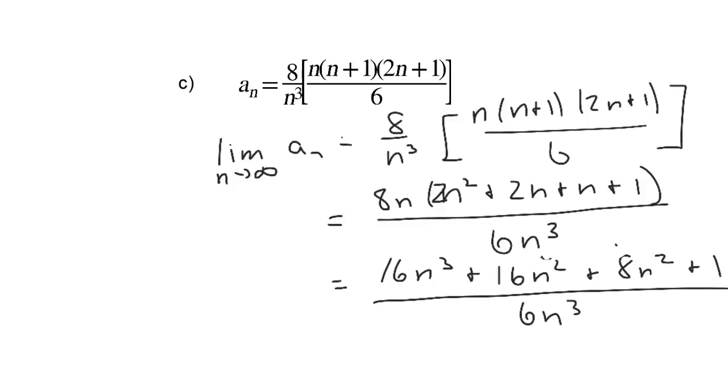The highest order, or the highest power of the polynomial in the numerator is cubed. I got n cubed in the numerator, and I got an n cubed in the denominator. So the limit of this is simply 16 divided by 6. And if I simplify that, that becomes 8 thirds, and 8/3 is my limit of this function as n approaches infinity.